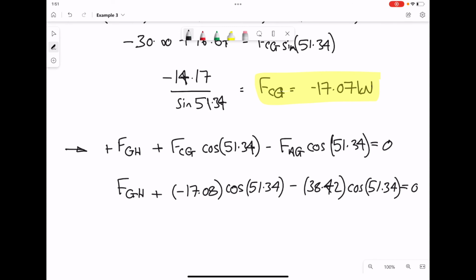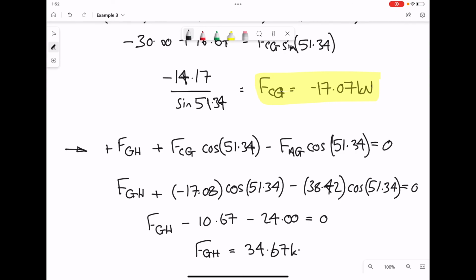Simplify down further. Force GH minus 10.67 minus 24.00 equals 0. Combine the two numbers together, move it to the other side of the equal sign, make it a positive, and we get a value of 34.67 kilonewtons.